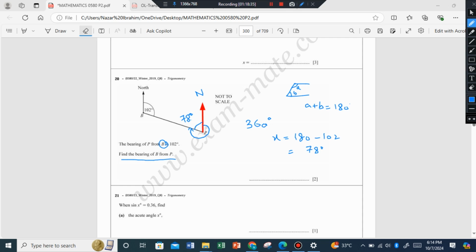So subtracting 78 from 360 will give me this angle. It means the bearing of B from P. So 360 minus 78, right? 360 minus 78 will give me 282 degrees. This is the bearing topic. Is it clear? Okay, moving to the next question.